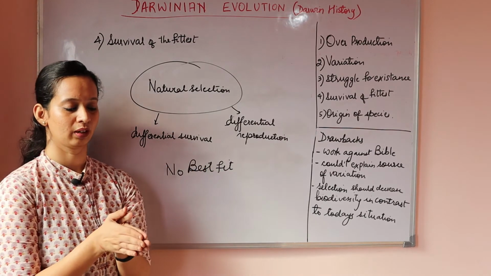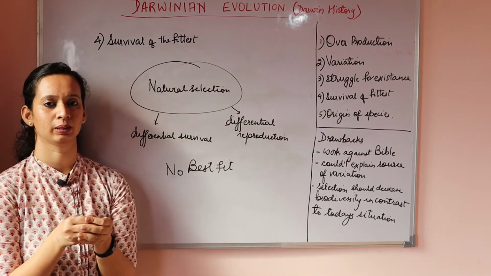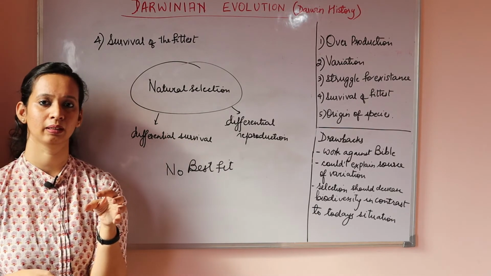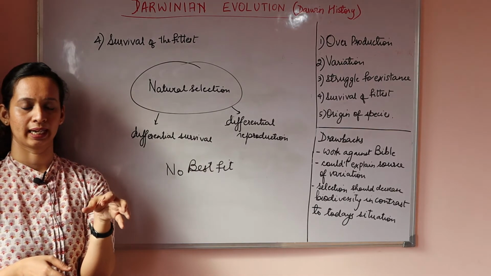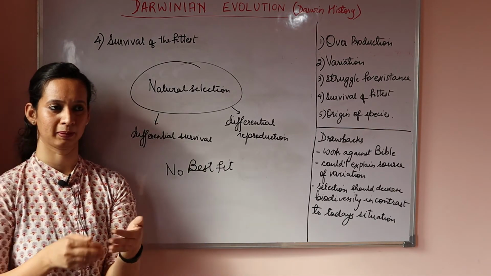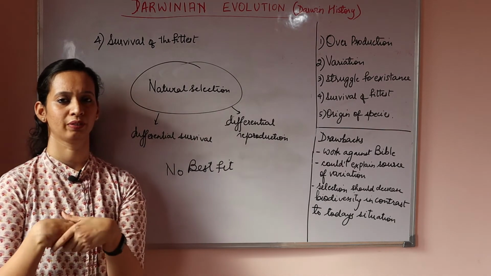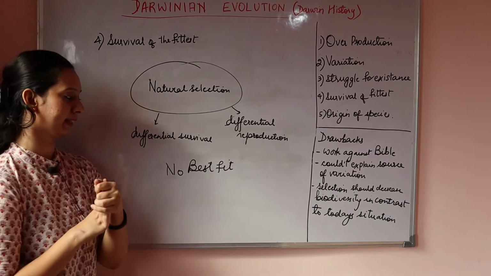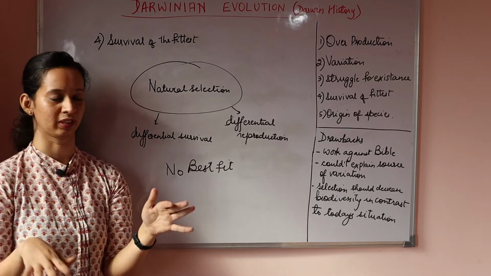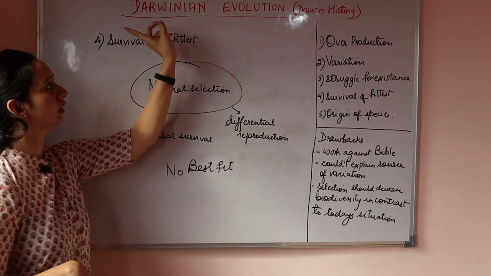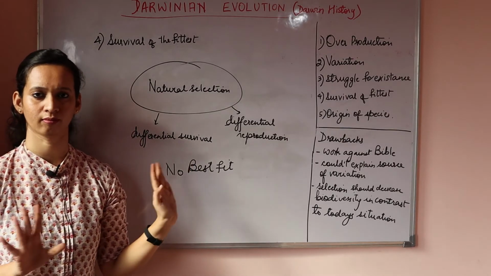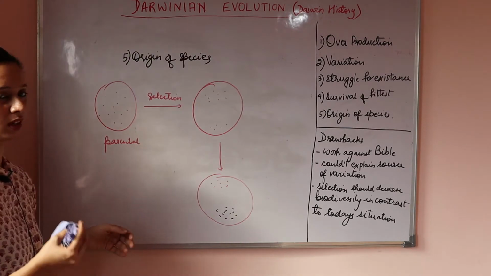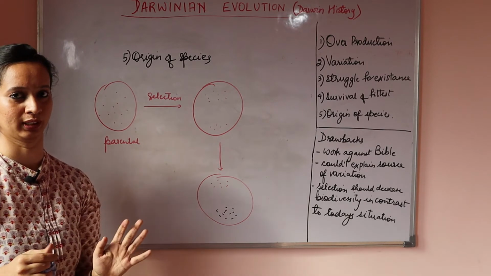An individual or species could be best fit in given circumstances, but if the circumstances or the environmental conditions change, then it will no longer be best fit. So in terms of Darwinian evolution, there is nothing called best fit. Understood?